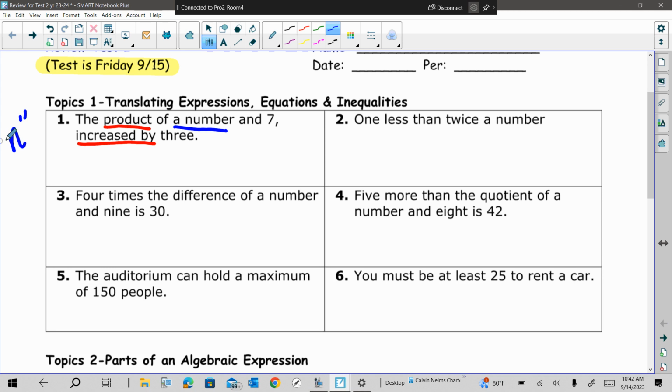So product means what operation? How would I say the product of a number and 7? Not n7. The 7 has to go in front of the variable. So 7n. Now I want to show increased by 3. Plus 3, yes. And then box, that is our final answer.